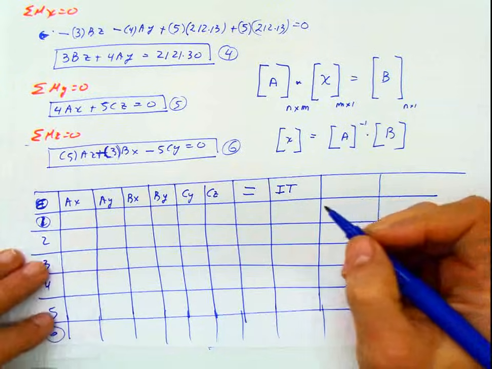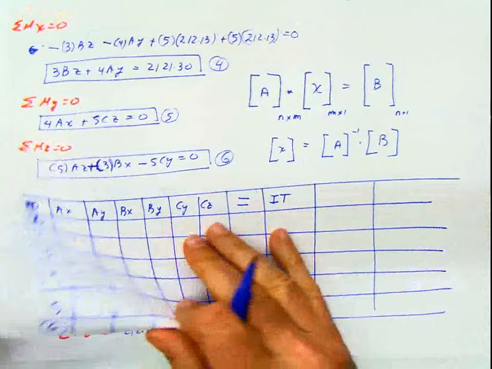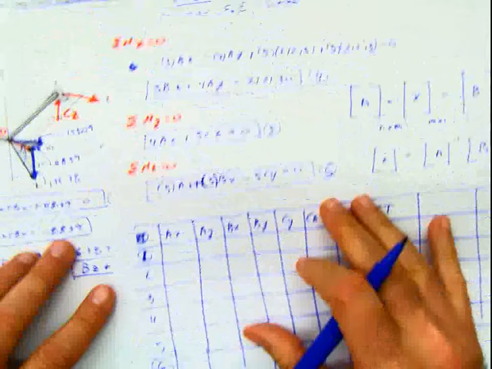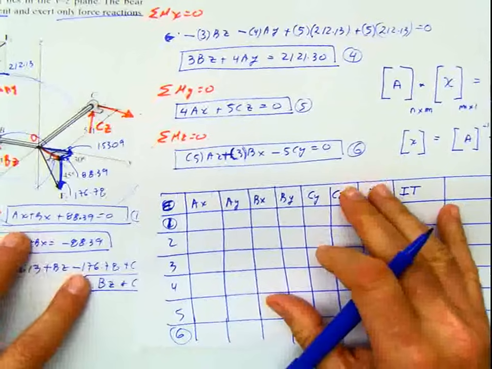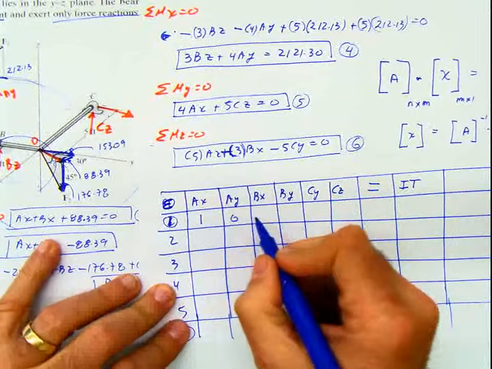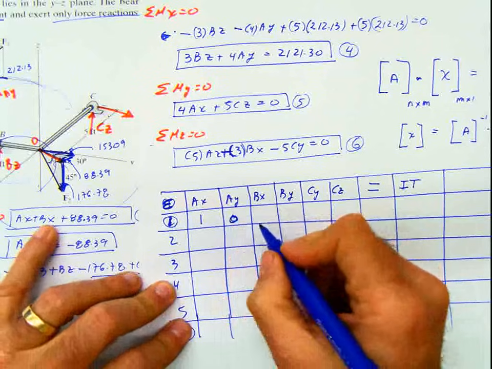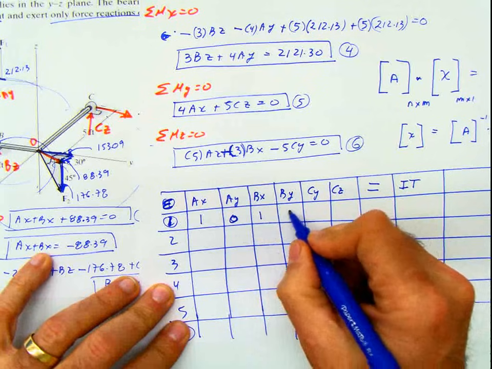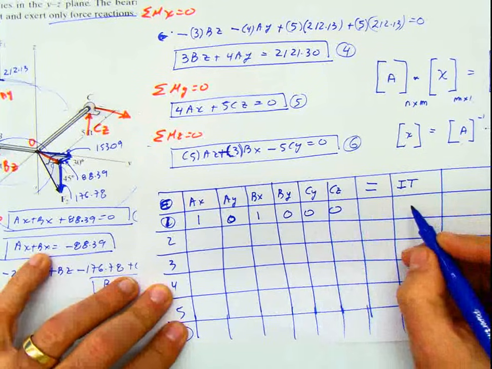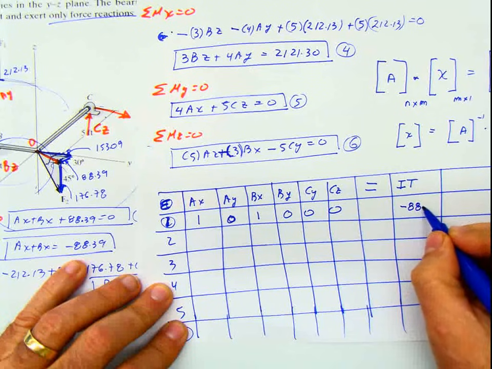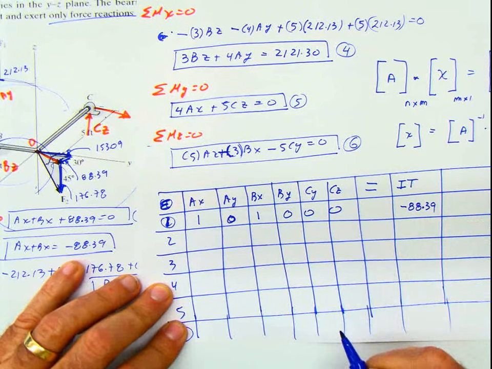Okay, let's start with the coefficients of the equations. This is my first equation, equation number 1. So my coefficient for AX is 1. This is 0. This is 1. And the rest are 0. And my independent term is negative 88.39.